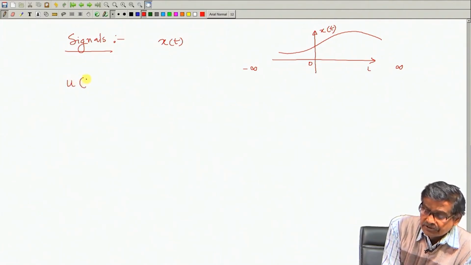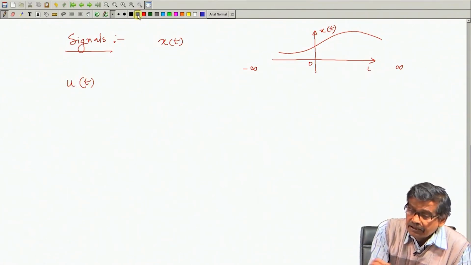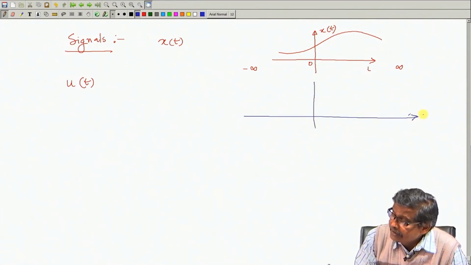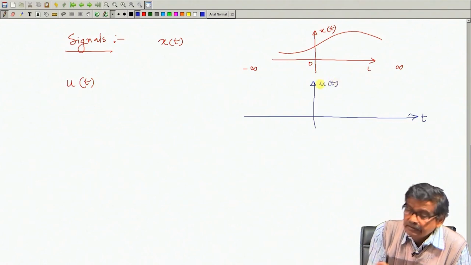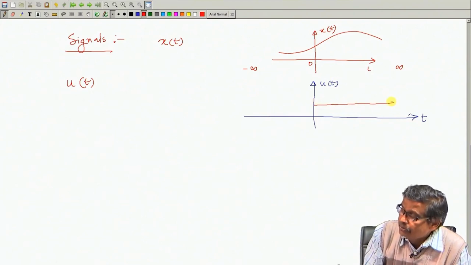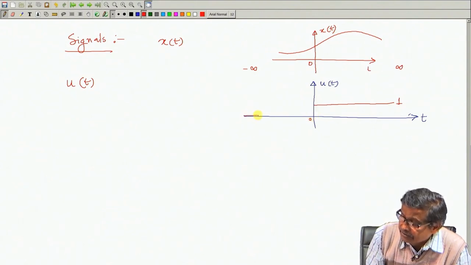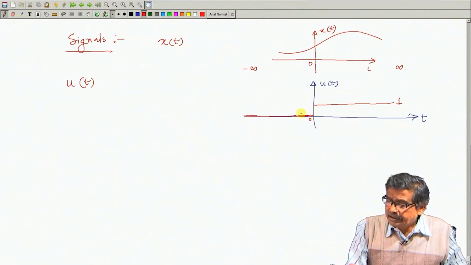One is called the unit step function, which I am drawing below this against time, and I am sketching u(t). u(t) will be a function whose amplitude will be equal to 1 for t greater than 0, and it was 0 earlier, like this.